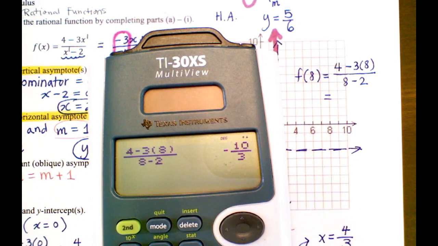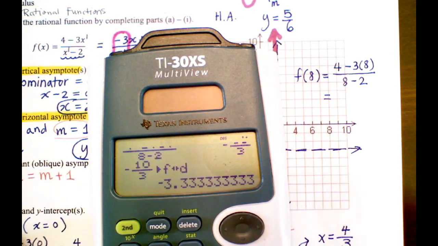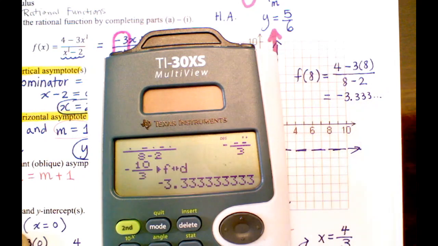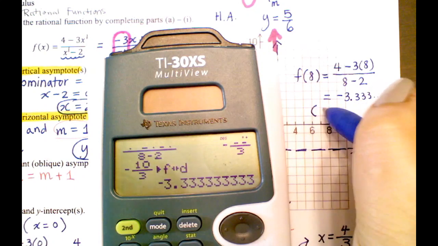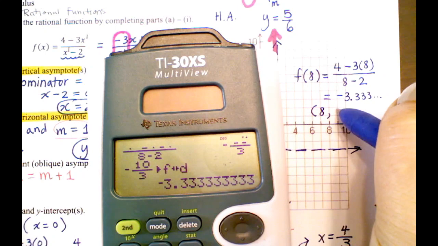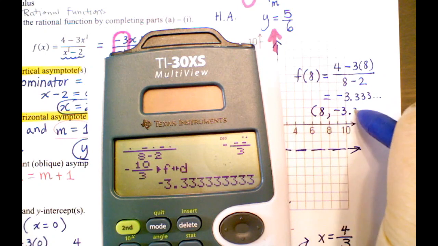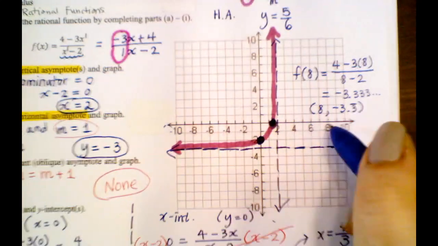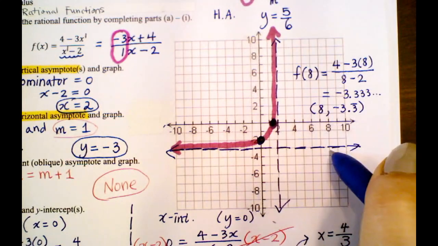It's an ugly little point. But what's that in decimal? About negative 3.3333. So, okay, I wasn't too lucky. I got a point that is 8, comma, negative 3.3 repeating. I'm just going to plot that. Go 8 to the right, down 3, a little more.